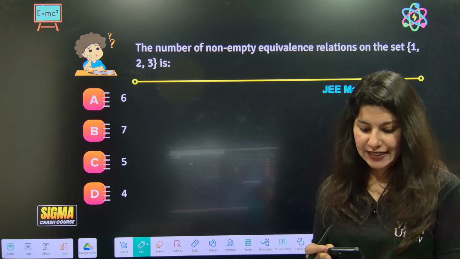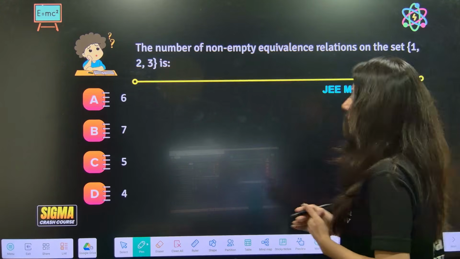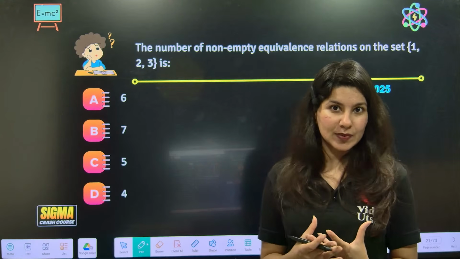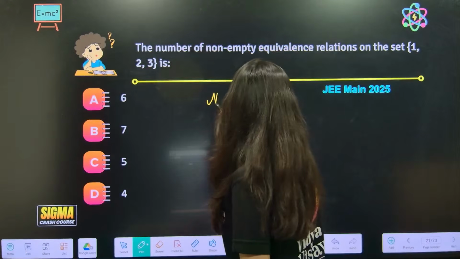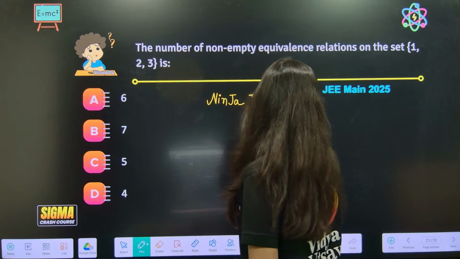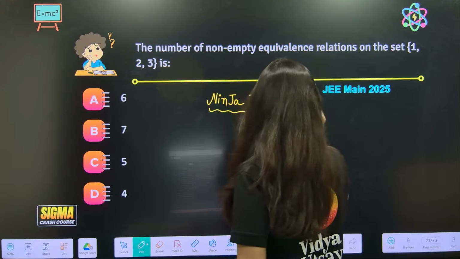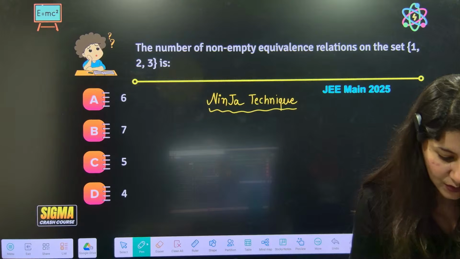Ready for the ninja technique, everyone? There is one way where you keep on thinking about what all relations are possible. So the ninja technique of finding the number of equivalence relations.